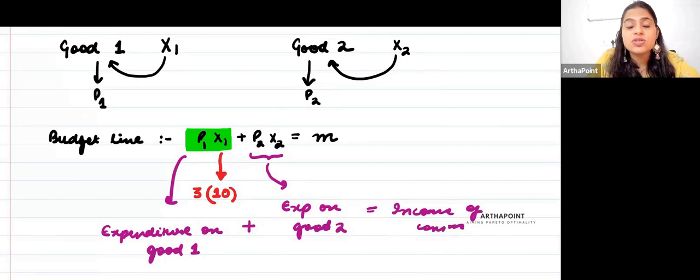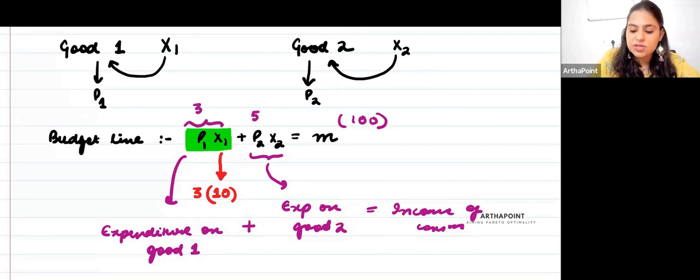If I exhaust my entire income, let's say my income is 100. Let's say the price of good 2 is 5. I'm spending 30 rupees on good 1, so I must spend 70 rupees on good 2. Each unit is worth 5 rupees. So can you tell me how many units I will consume of good 2?